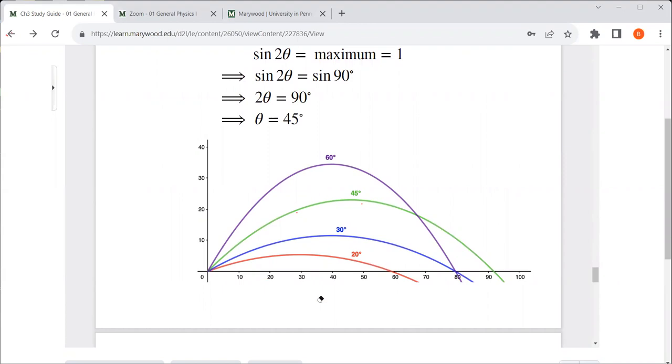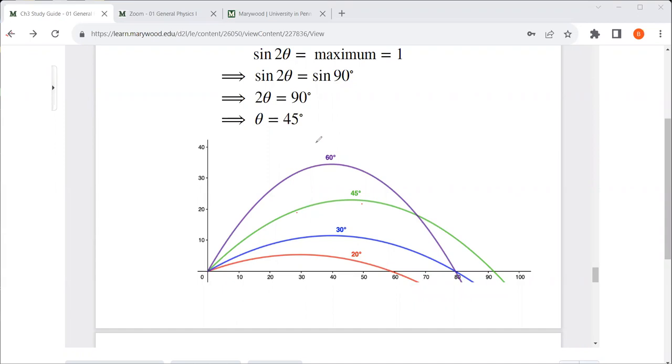Here the green one is the 45 degrees. Even if you increase the angle beyond 45 degrees, or go below it, the range is less than at 45 degrees. So you can prove it by using the simulation.